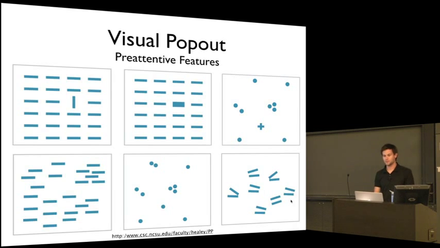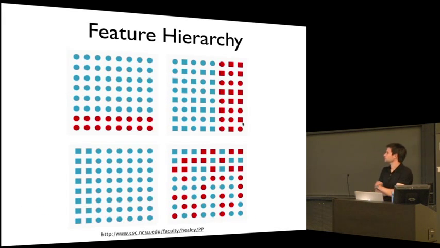The same works not only for color. You can make something pop out by using other visual attributes, like you can change the slope or the angle. You can change the size, you can change the shape, and so on. This works for many different visual attributes. This is also very interesting because there is what we call a feature hierarchy between the visual attributes.